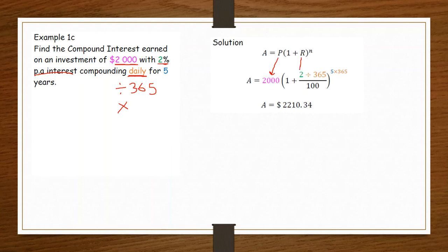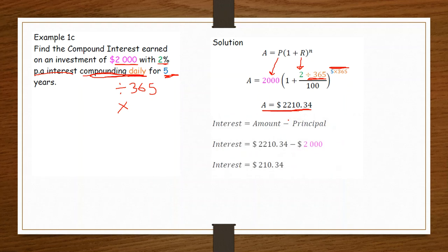The interest rate is 2%. And because it's compounding daily, the interest rate gets divided by 365. And the number of years, which is 5, gets times by 365. And again, that gives us this amount. And we can find the interest by using the difference.